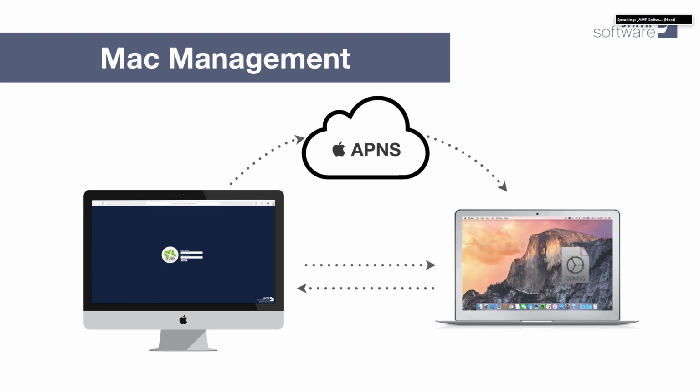In addition to using MDM to manage Macs, the Casper suite also installs a binary within OS X. This is known as the Jamf agent. And this runs in the background as a launch daemon and communicates directly back to the JSS over HTTPS. A hidden management account is also created with admin rights.